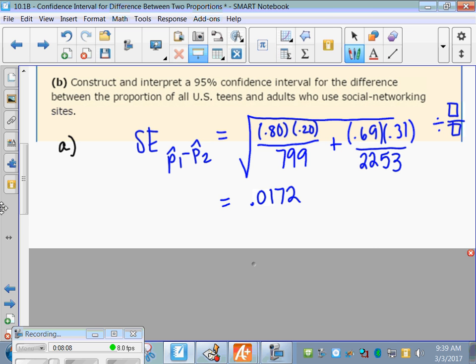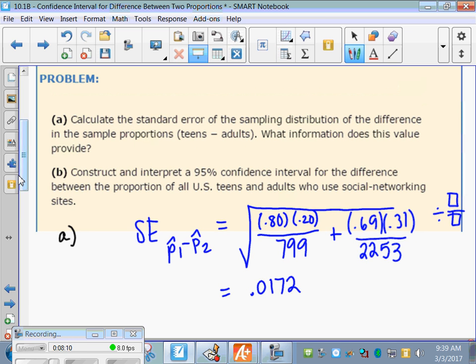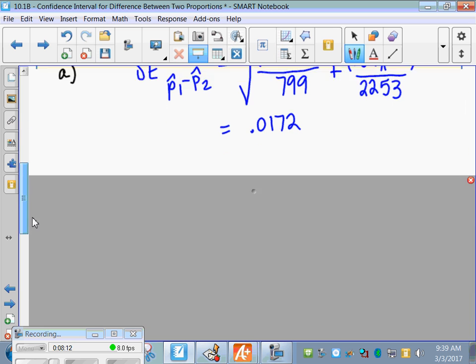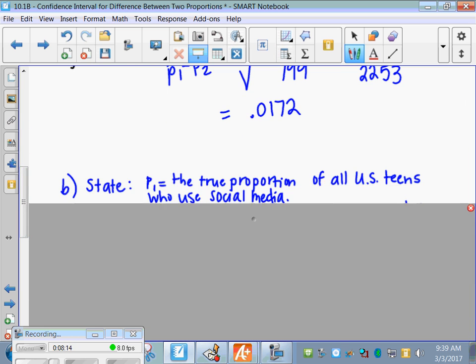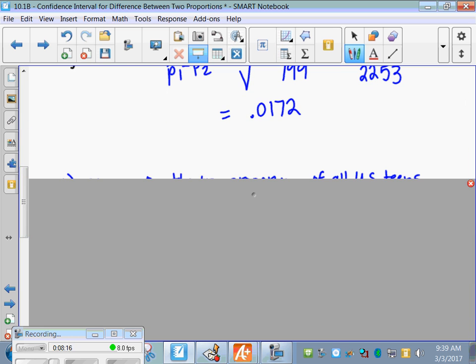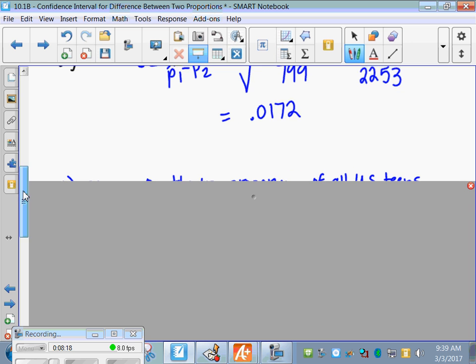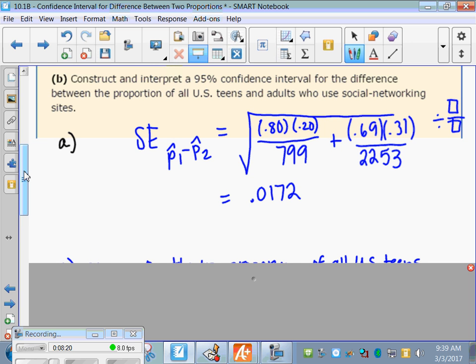And then it says to explain what this means. What information does this provide, our standard error? And so this is that same formula or definition that I think I made you guys write down the other day. If we were to take many random samples of 799 teens and 2,253 adults, the difference in the sample proportion of teens and adults who use social media will typically be that far from the true difference in proportions, all right?